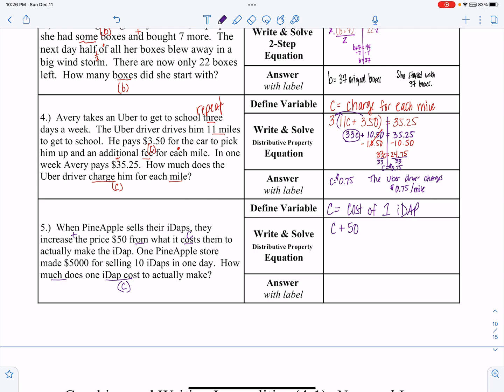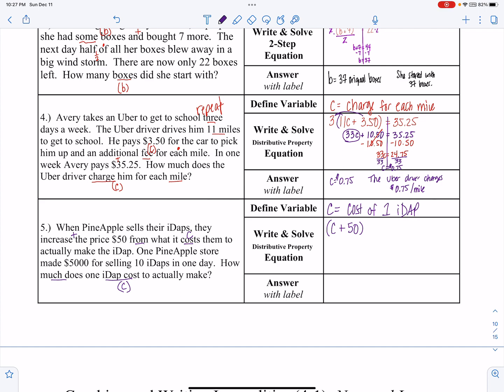One Pineapple store made $5,000 for selling 10 iDAPs in one day. Okay, so I identify this. This is sort of my situation for one iDAP. And then I notice that I have a repetition. I have not one iDAP, but 10.